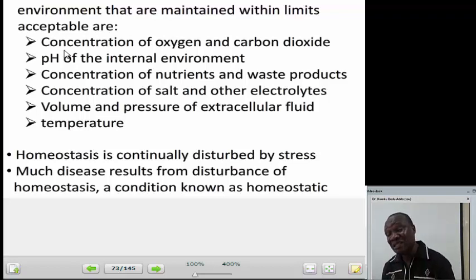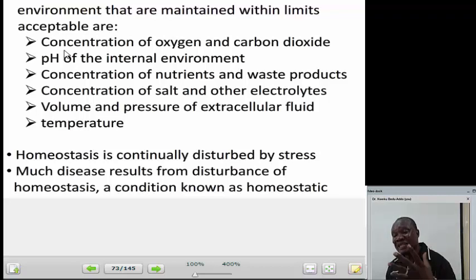Blood acidity, blood gas contents. The concentration of nutrients and waste products, concentration of salt and other electrolytes, the volume and pressure of the extracellular fluid, and temperature. These are all variables in the internal environment that need to be regulated within limits. It has to be constant. If it varies, then illness sets in.